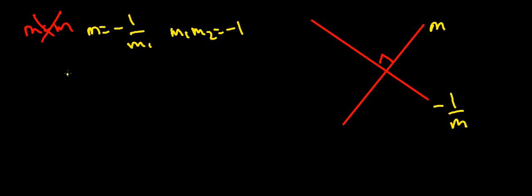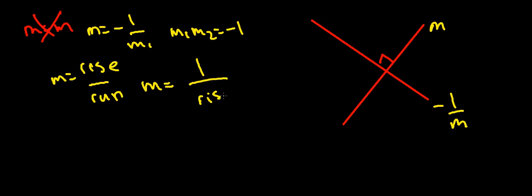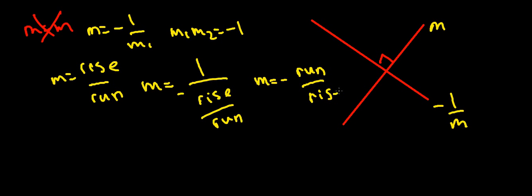Another way, for people who like remembering slope as rise over run, is substituting rise over run in for m1. So we get minus sign, rise over run, and then this fraction flips. So m is equal to negative run over rise.